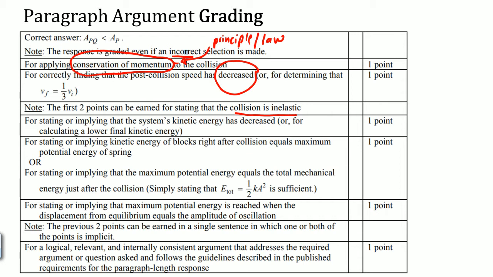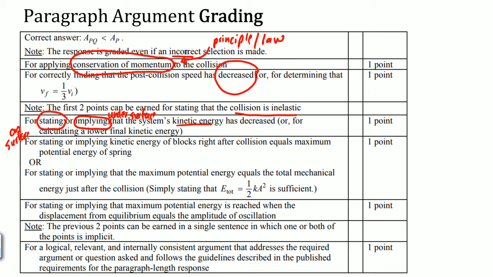Next point is earned for stating something about the kinetic energy. There are two words here that make it very interesting. You can either state or imply. State means you can physically look on the surface. This is on the surface for the words kinetic energy decrease. Implied means it's under the surface. So the reader really has to see if you're mentioning anything about kinetic energy.